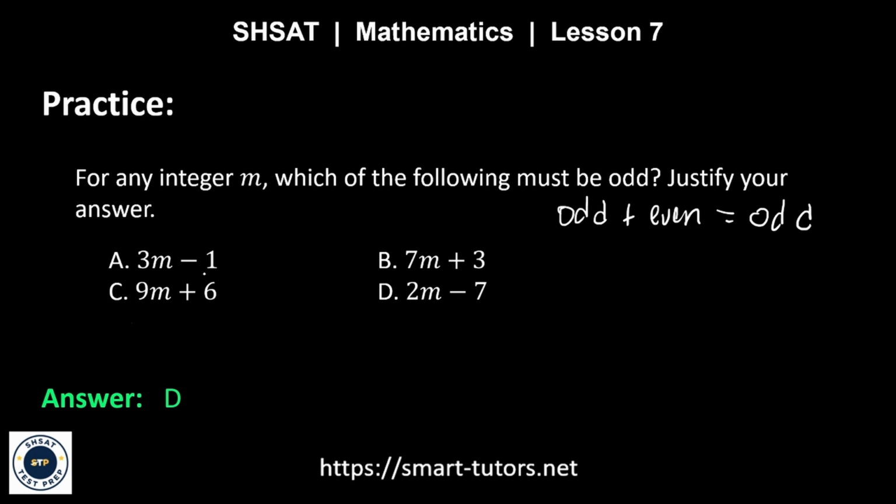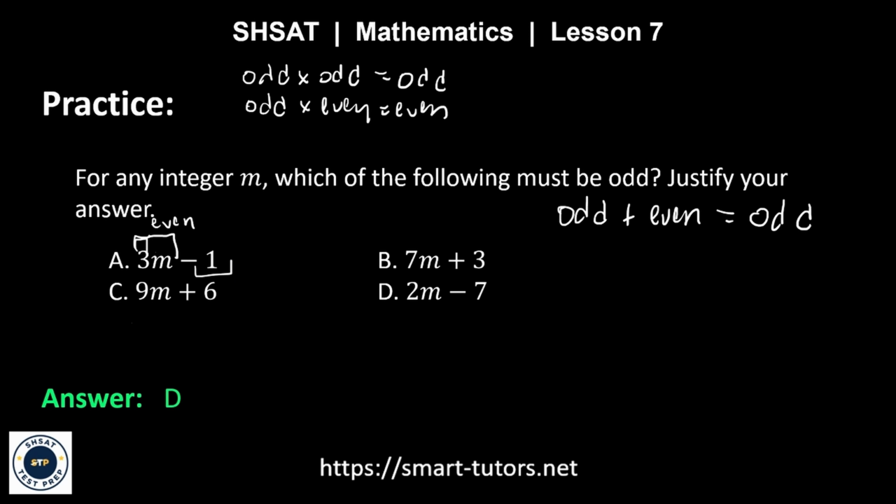A: we have an odd number here and an odd number here, which is part of a multiplication. We want to see if this multiplication can become even. So 3 times m: 3 is an odd number, odd times odd gives us odd, and odd times even gives us even.